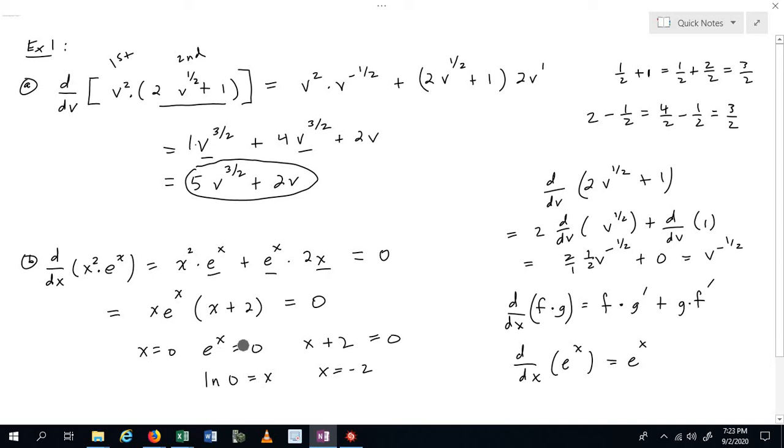If you want to turn an exponential equation into a logarithmic equation, then the logarithm has the same base as the exponential, so this is base e, which is called natural log, when you turn it into a logarithm. And then the input and the output switch because they're inverse functions of each other. So if you input an x here and you get a 0 out here, when you turn this into a logarithmic equation, you would put 0 in and get an x out. But the natural log of 0 is undefined.